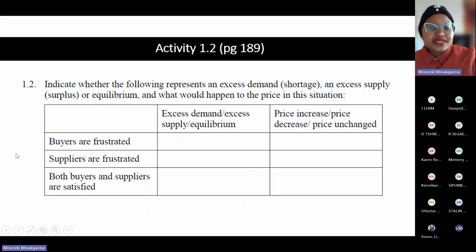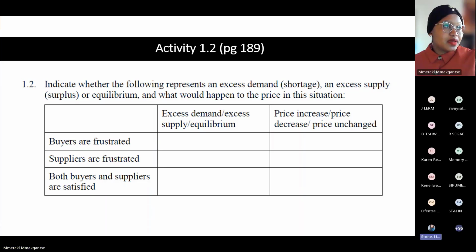Indicate whether the following presents excess demand, excess supply, or equilibrium, and what will happen to price in this situation. Number one, if buyers are frustrated, what happens?